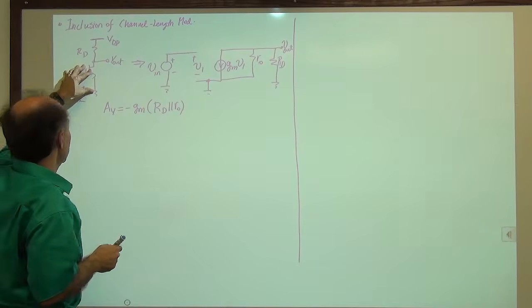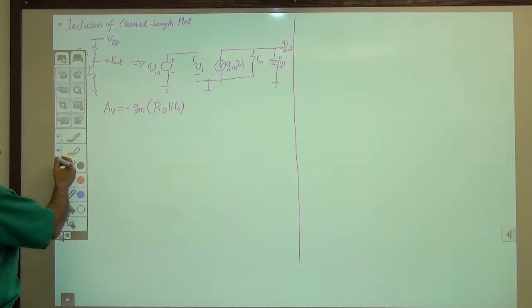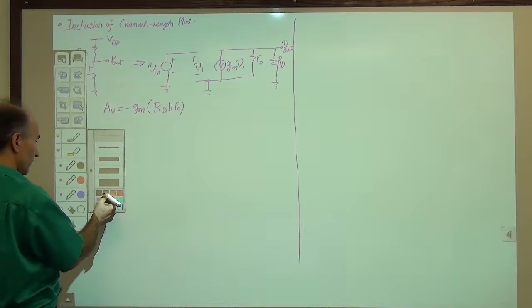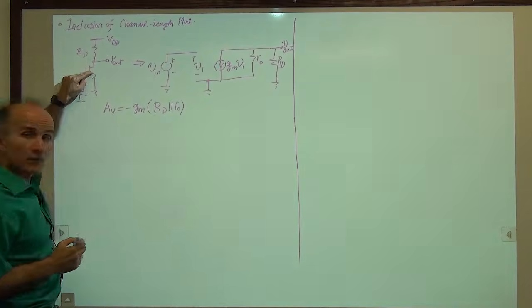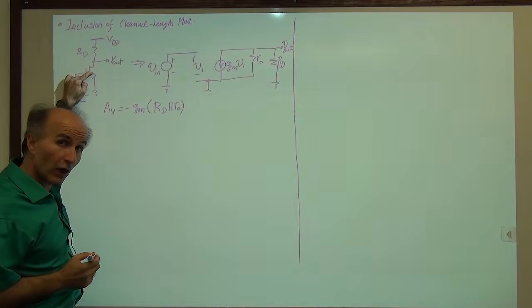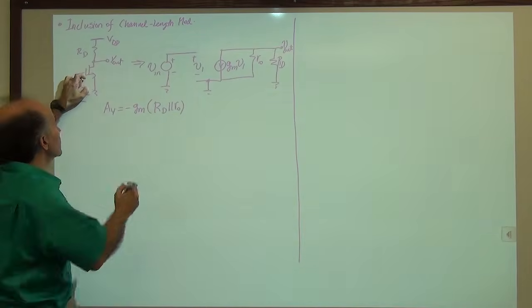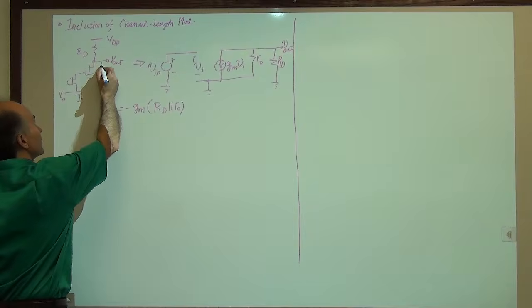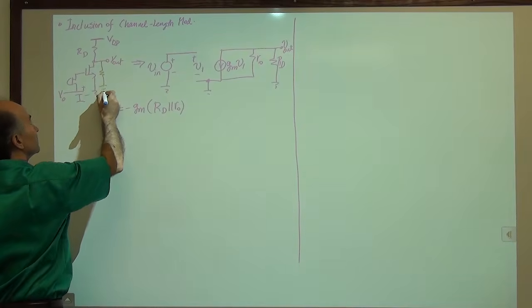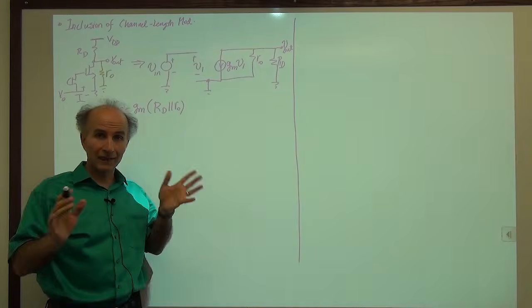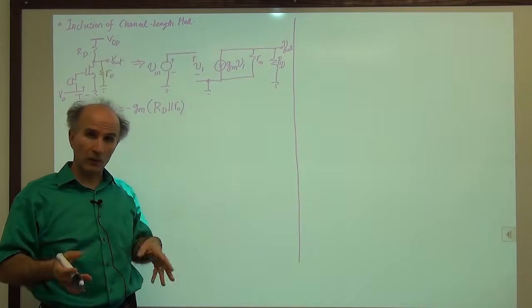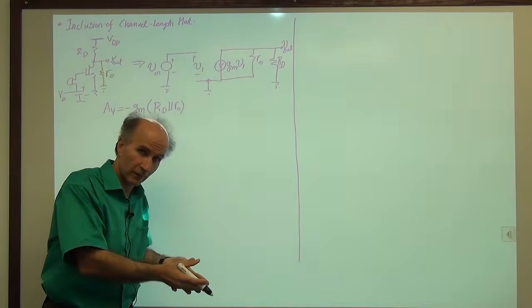Because in cases like this, what I do is I change the color of my pen so that I don't get confused. And I say, well, this transistor has an internal RO in it, right? So I will draw that explicitly here, RO. Now that may not be quite legal because RO belongs to the small signal model of the device.